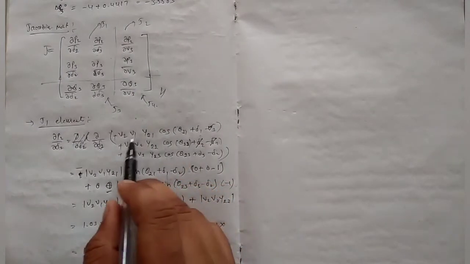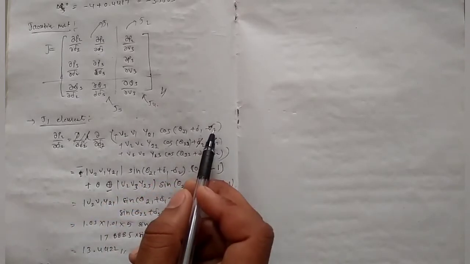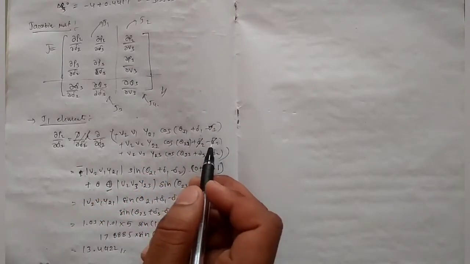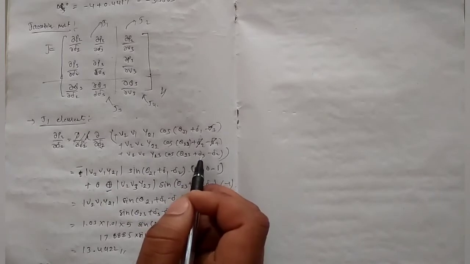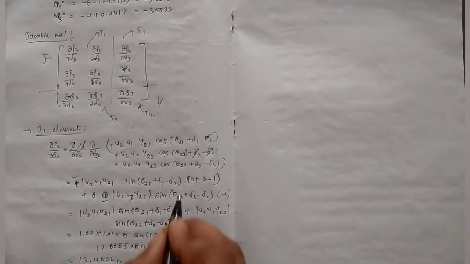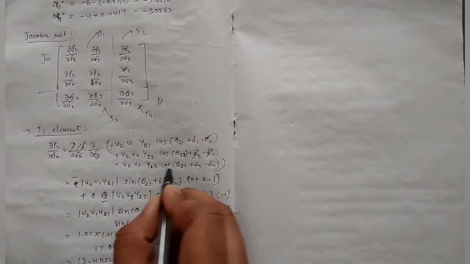Okay, now ∂P2/∂δ3. This is the same P2 expression. With respect to δ3 there is no δ3 term to differentiate in the first terms, therefore 0, and in this term also constant, 0, plus, and we have δ3 here. We keep these constant terms outside, and we have δ3 inside the cos, and the cos differentiation is minus sin(θ23 + δ3 − δ2), and we have to do the inner differentiation, right?